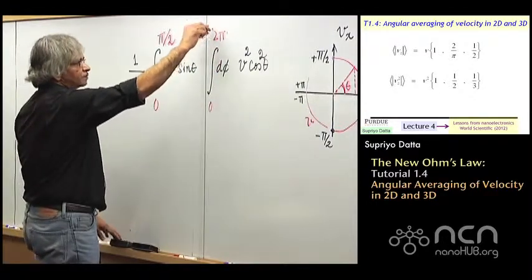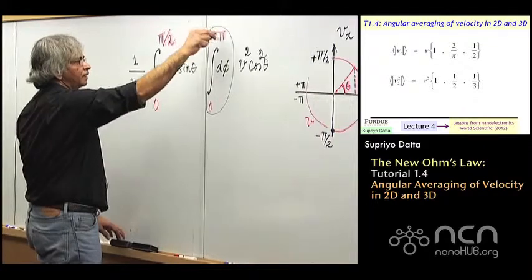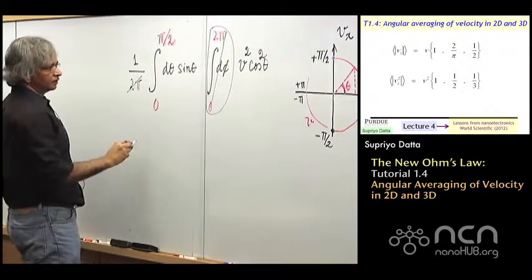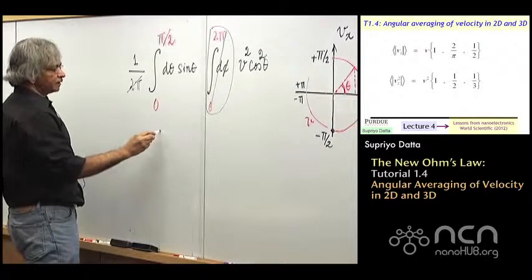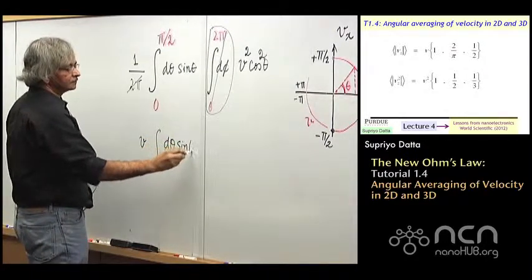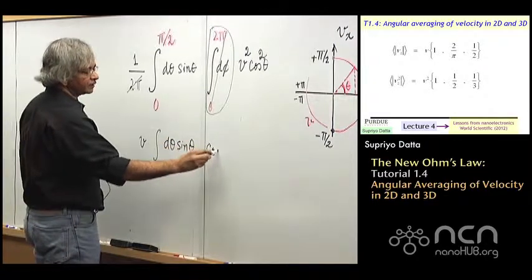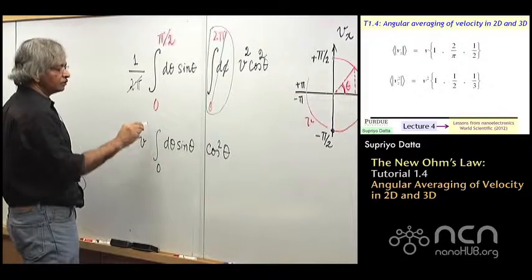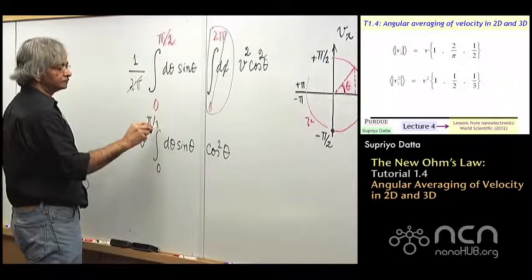Integral d phi, this part of it gives me 2 pi, which cancels that one. So I just need to do this integral, which is V squared integral d theta sine theta and then cosine squared theta, integrated from 0 to pi over 2.